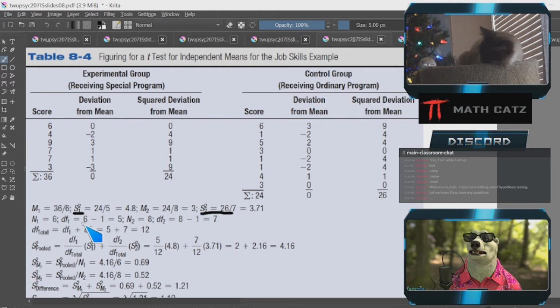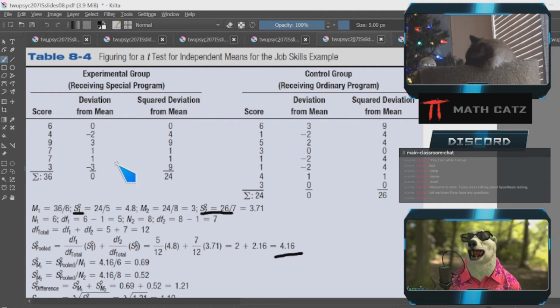So the total degrees of freedom will be 5 plus 7 for 12, and we'll eventually need that for the table lookup as well for our t-distribution. So now we're pooling the variances together, but they have different sample sizes potentially. So it's a weighted average of the 2 variances, and we get 4.16.